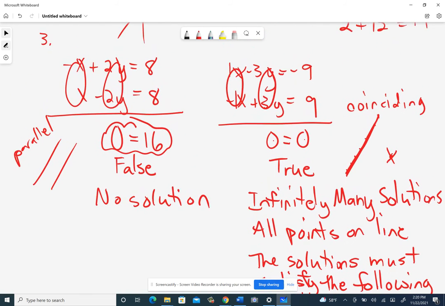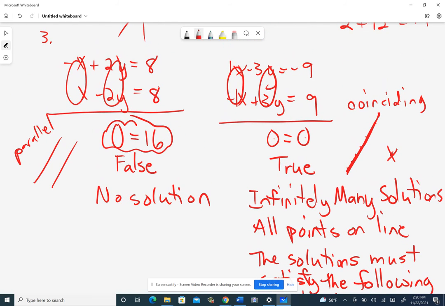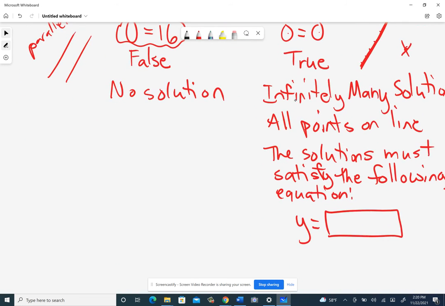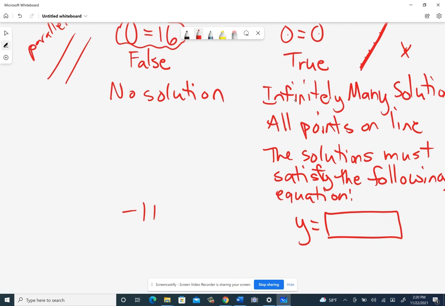But see, these equations were not in the y equals form. So what you should do is take one of them. I'm picking this one, negative x plus 3y equals 9.